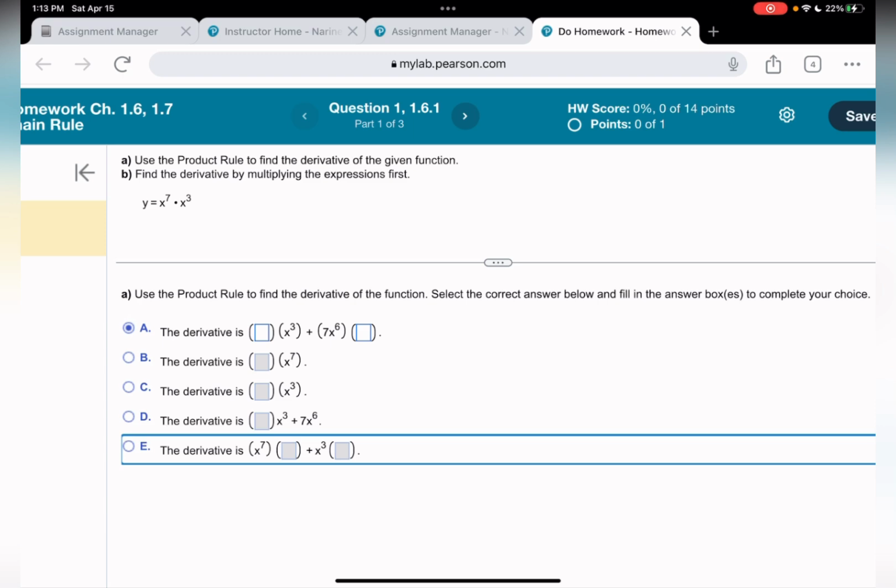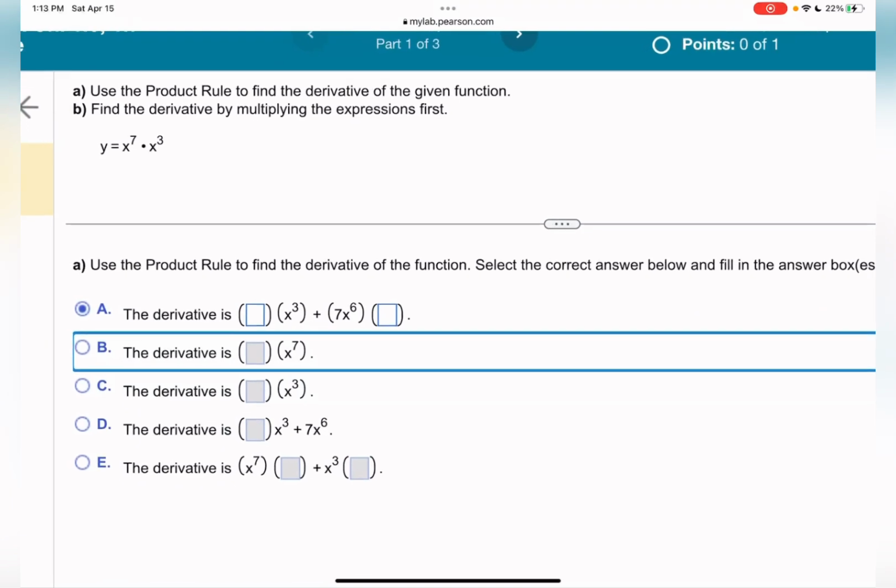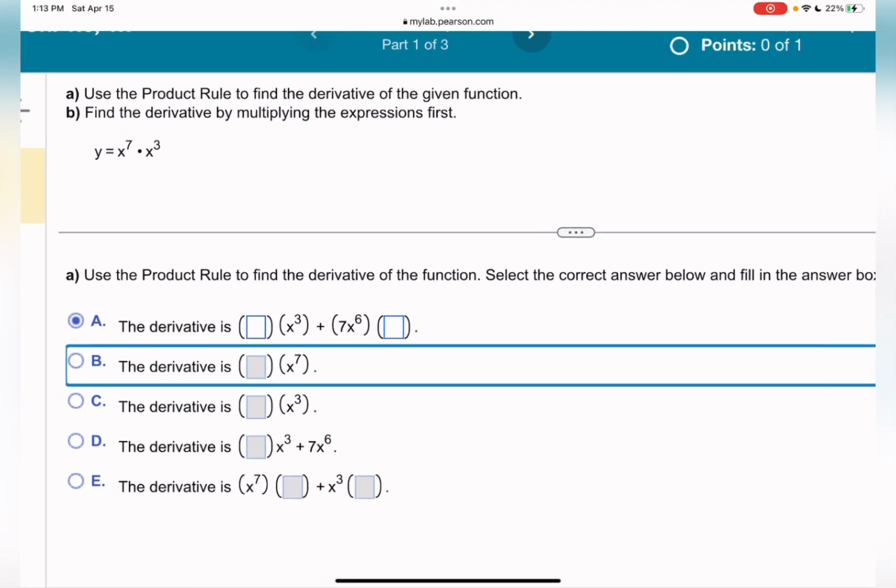In the first case, it's not A, definitely, because I have x cubed, that's fine, derivative of x7 times x cubed, but 7x to 6 is already a derivative again. So in the first case, it's the derivative of the first term, x7, and plus, again, the derivative of the first term, x7, which is not working.